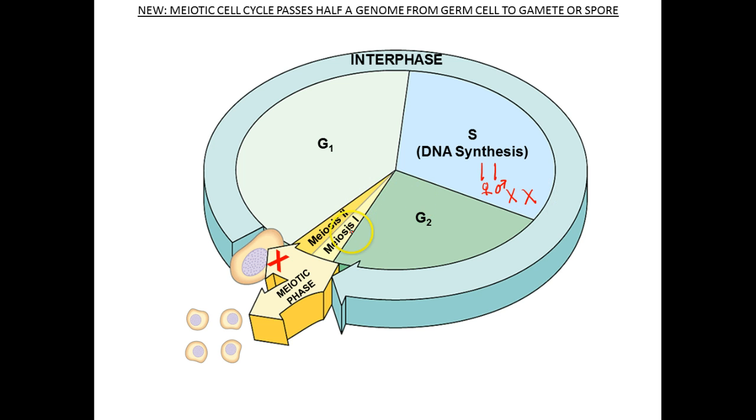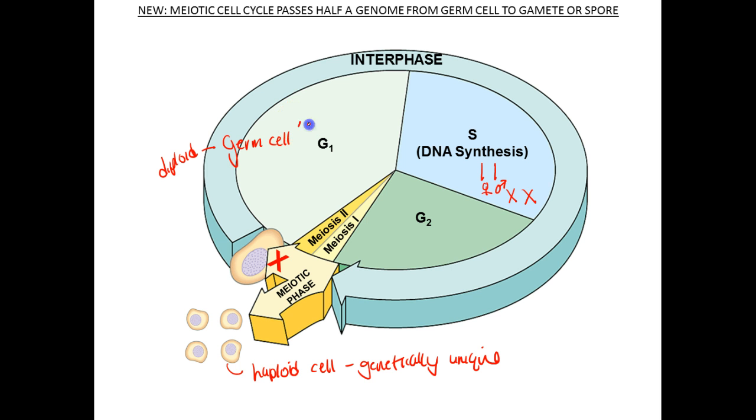Then it'll go through nuclear division, meiosis 1 and meiosis 2, and this time producing 4 haploid cells that are genetically unique. And you started off with a diploid germ cell.